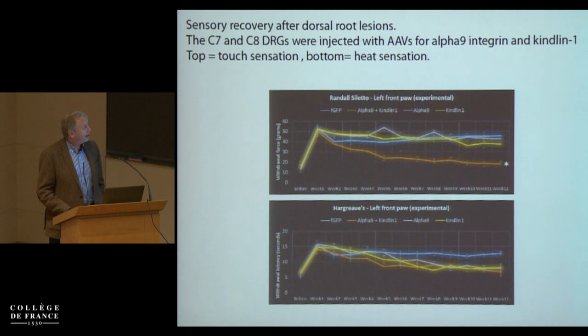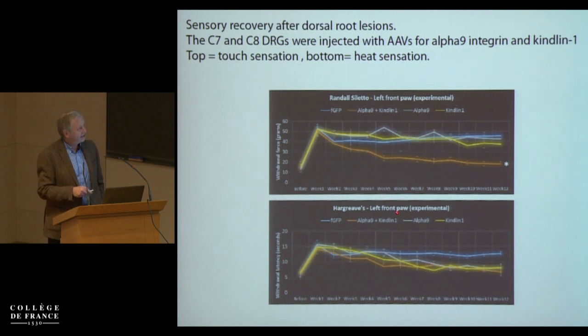If we look at behavior, first of all, this is touch sensation. This is withdrawal of the paw when you poke from underneath with a hair. This is quite interesting. You see a reduction in sensation, and you don't see very much recovery with controls or alpha-9 alone or kindlin alone, but the combination gives you basically a restoration of touch function.